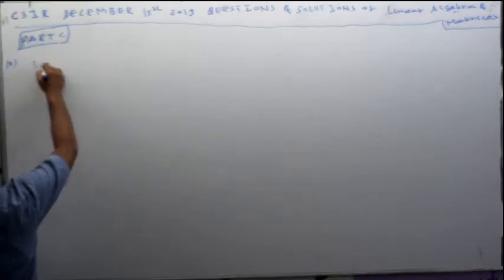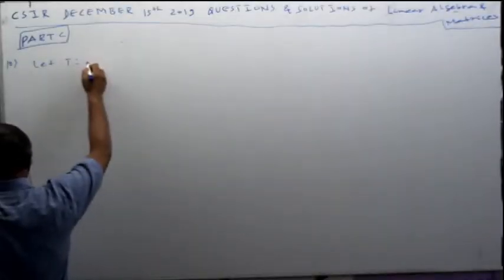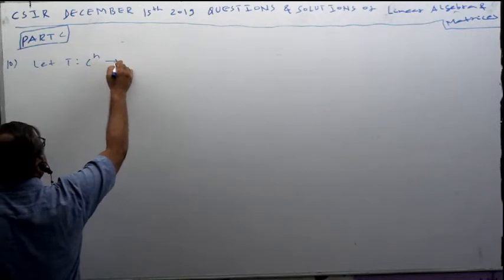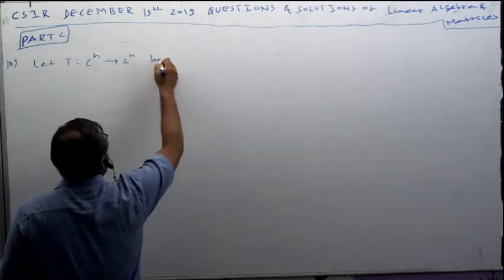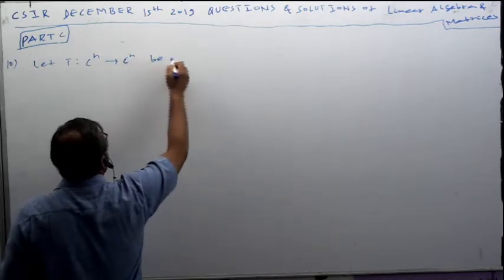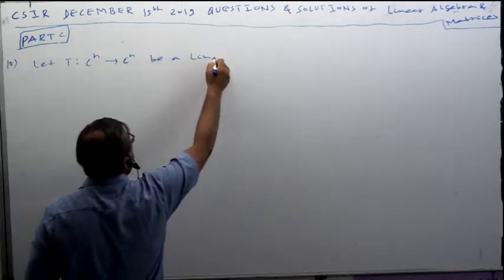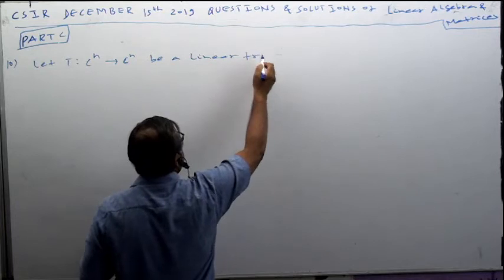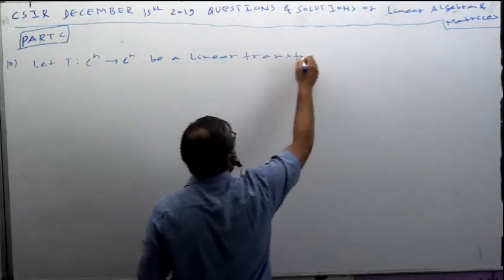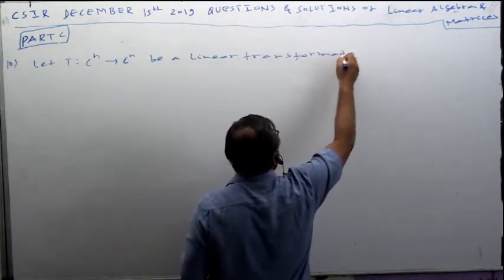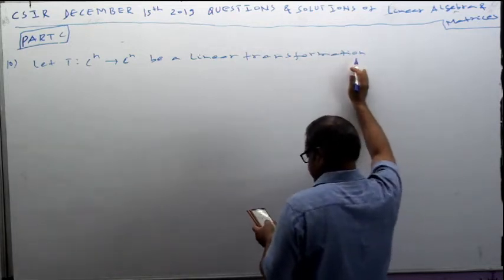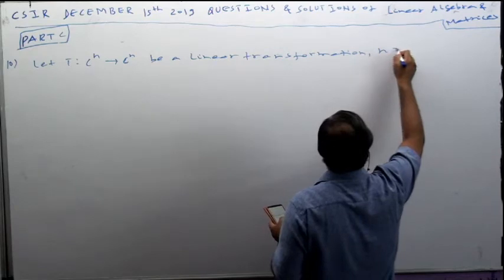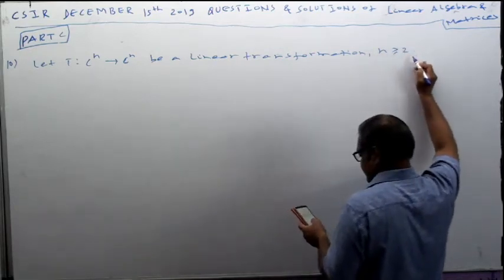Let T from Cn to Cn be a linear transformation. Here n is greater than or equal to 2.